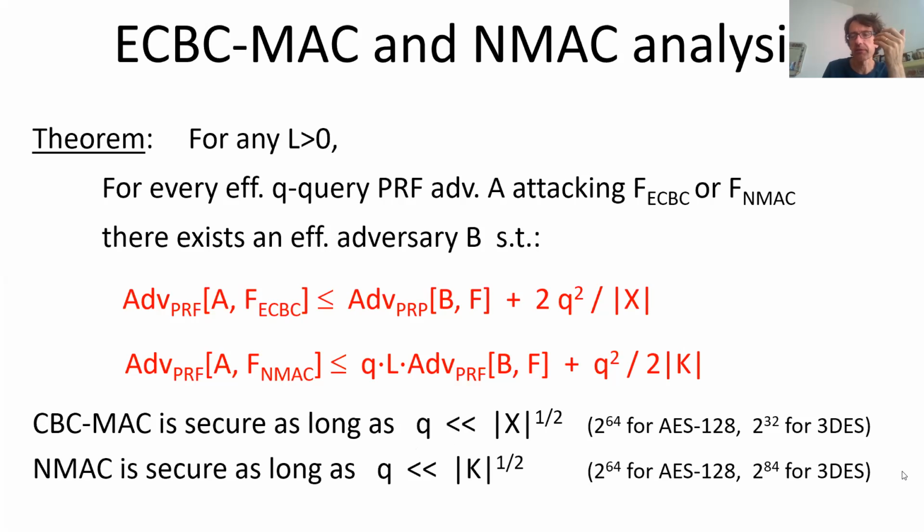But let's say that if you take triple DES, then now a nested MAC will be better, right? Here is a big jump between using triple DES in this. So for AES, both of these terms are the same, right? Because it's 2 to the 128 in both cases. So you take the square root of that, it's the same, 2 to the 64. For triple DES, it's a huge difference.